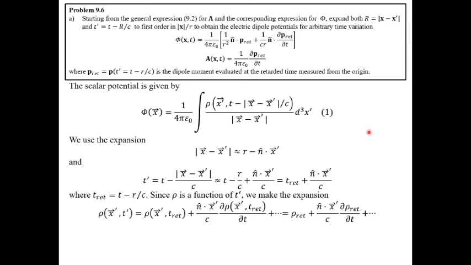over c. Since rho is a function of t prime, we make the expansion: rho of x prime, t prime equals rho of x prime, t retarded plus n dot x prime over c, times partial rho of x prime, t retarded by partial t, plus dots, equals rho retarded plus n dot x prime over c, partial rho retarded partial t, plus dots.